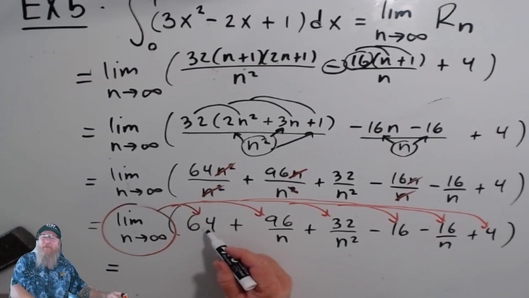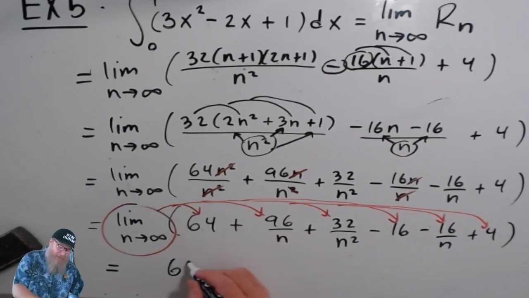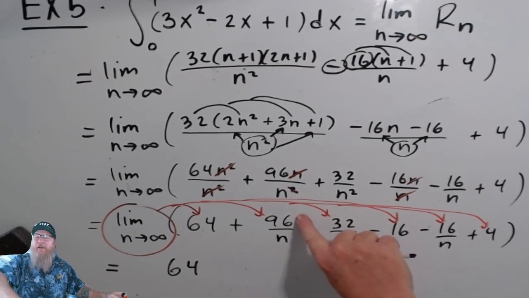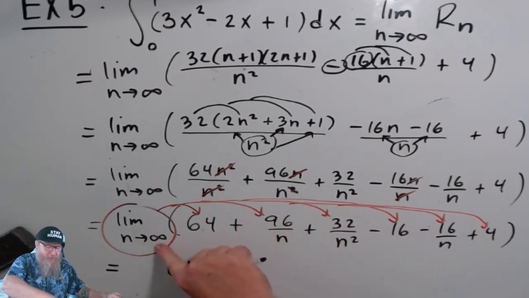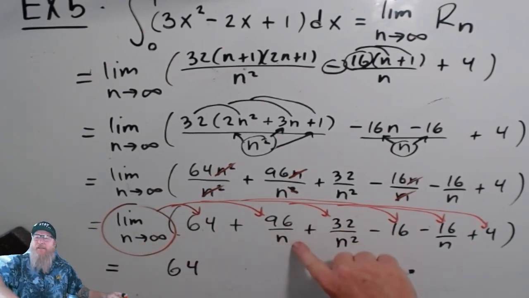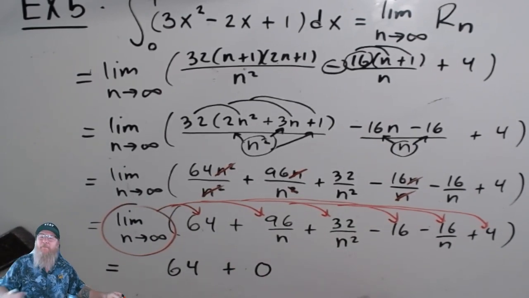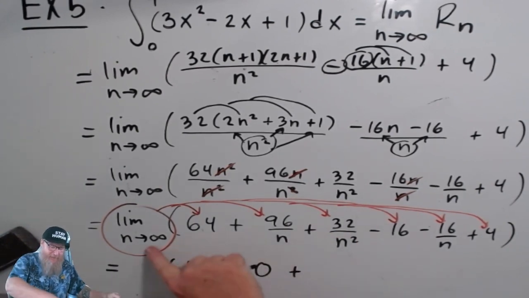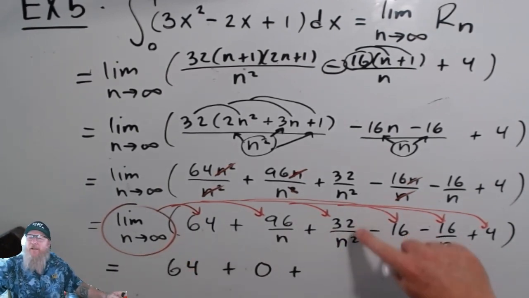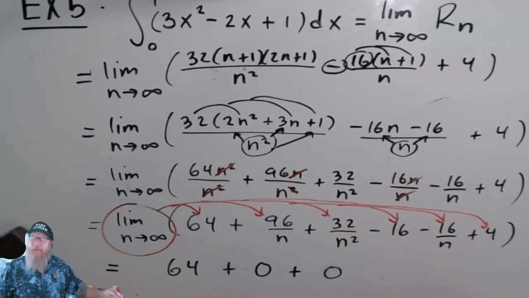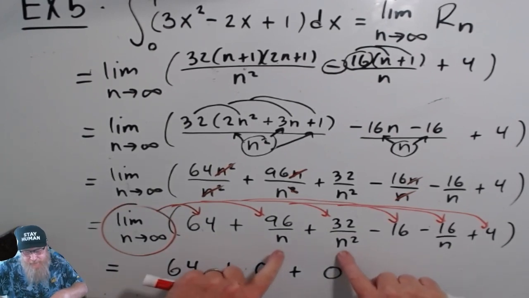So, a quick review of chapter 1. The limit of a constant is a constant. You just get 64. The limit as n approaches infinity of a constant divided by n. That's going to be 0. The limit as n approaches infinity of a constant divided by n squared. That's also 0. I don't need to remind you of this, but maybe I do.